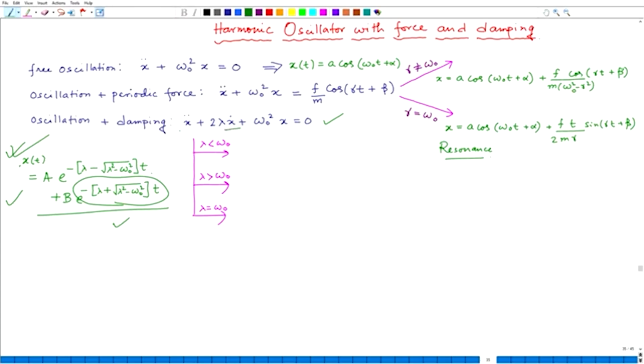but you can simply have a second order ordinary homogeneous differential equation, but now you have a new term which is x dot, and we said that we can distinguish three cases. Where lambda is less than omega 0, this is the first case, we call that the case of underdamped oscillation.